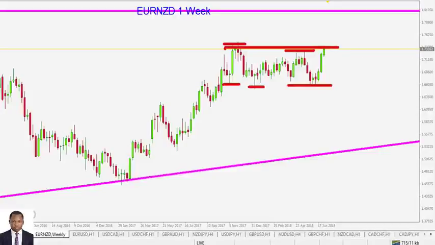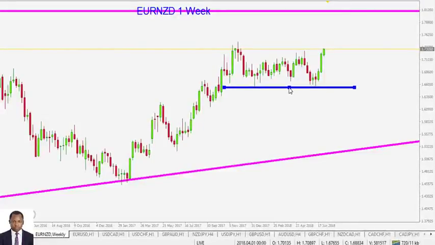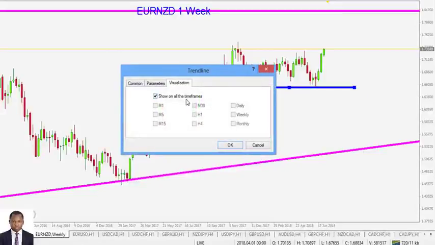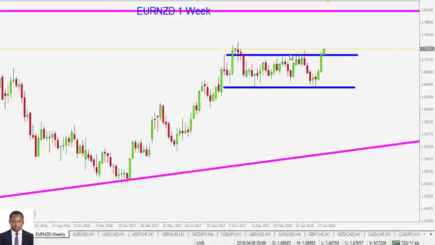Let's mark that zone as our support, and this around there as resistance.